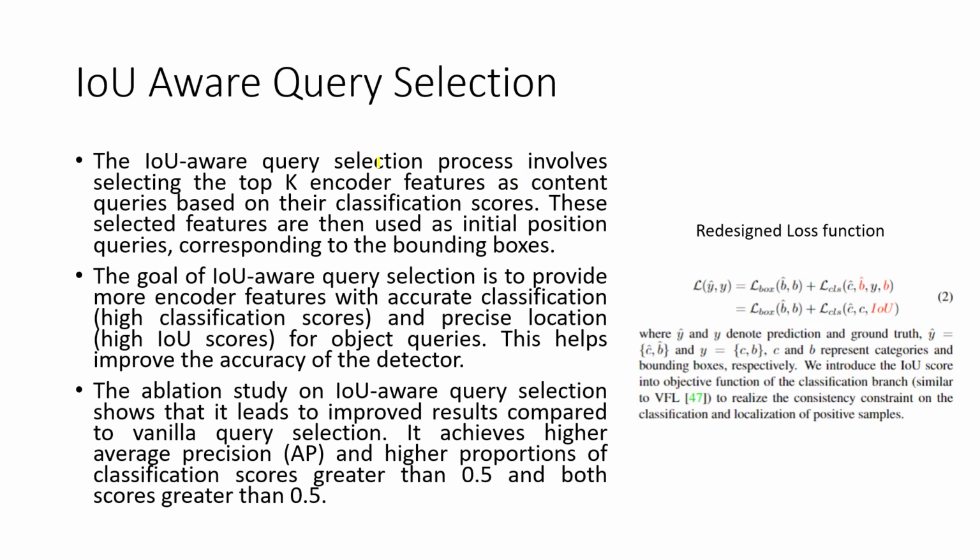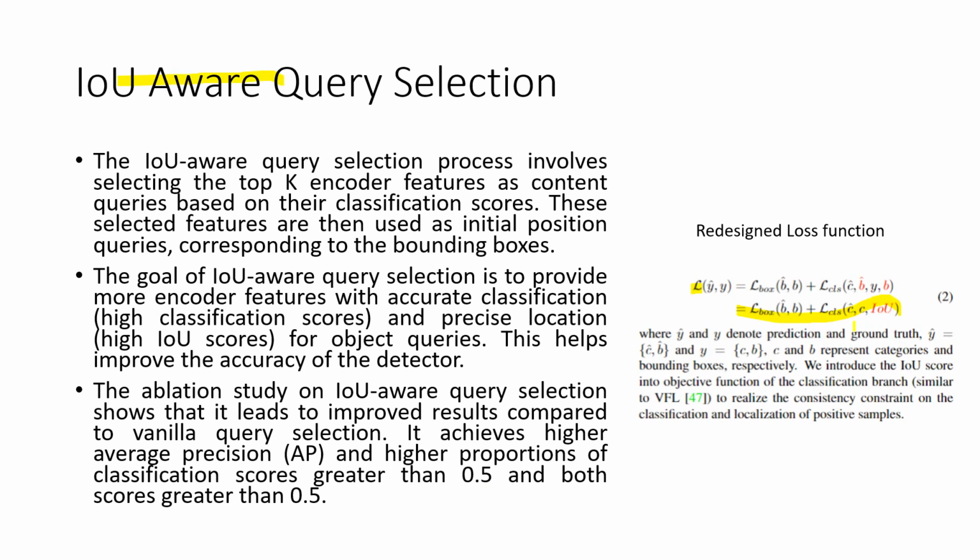For detection, to optimize that query selection, they proposed the IoU query selection method, using a loss function where they added IoU information into the classification score, which also gives the decoder the bounding box information of each object in the image at the query selection stage.